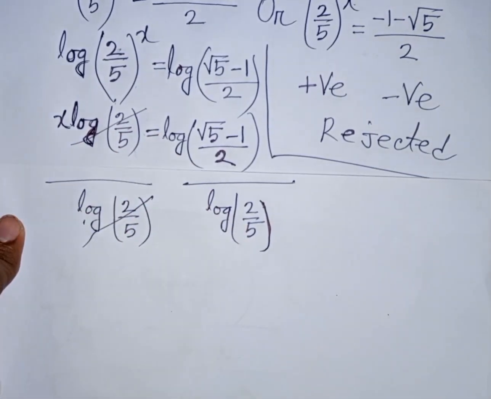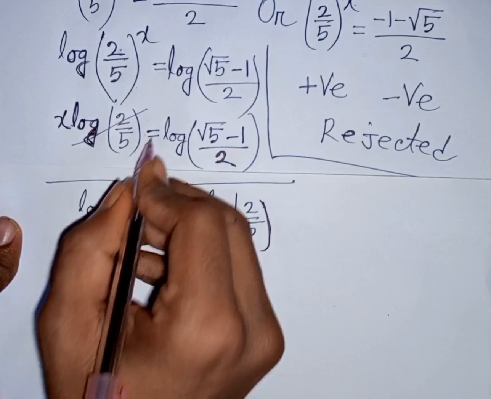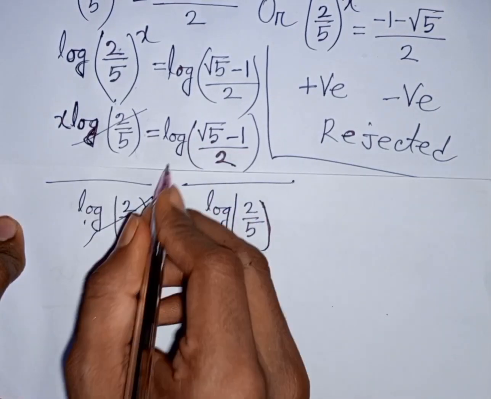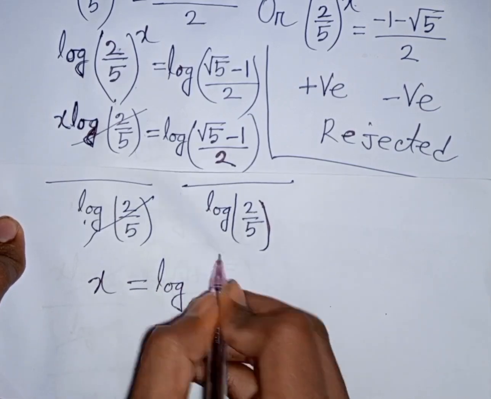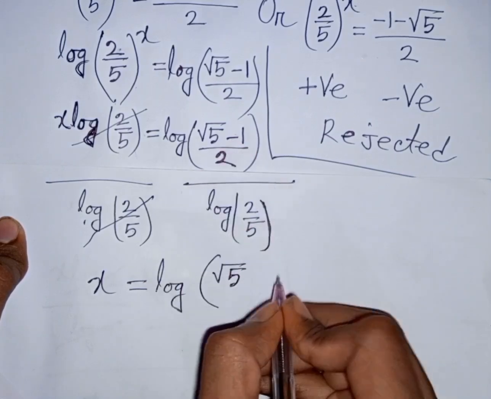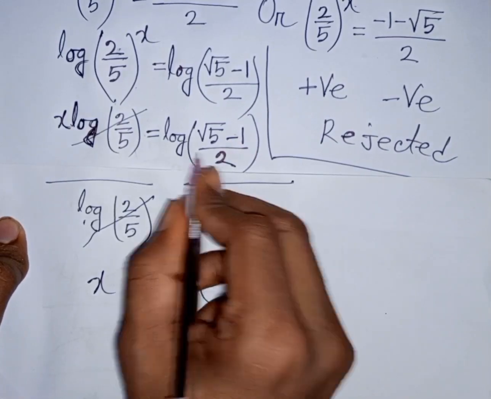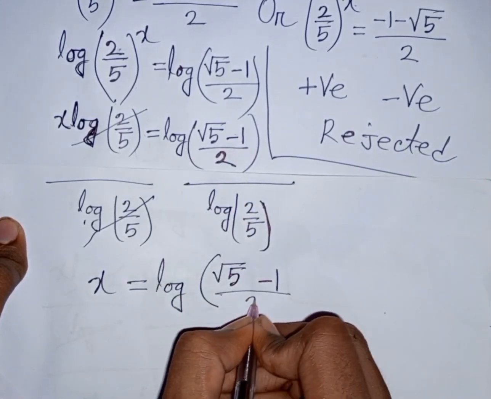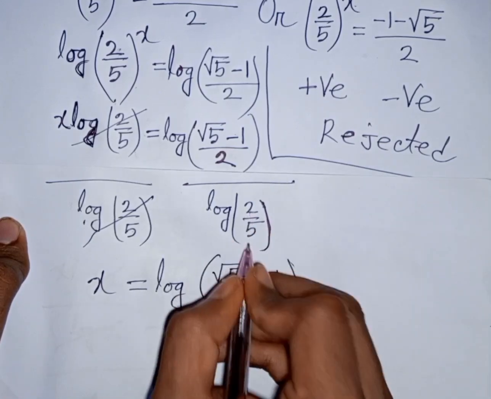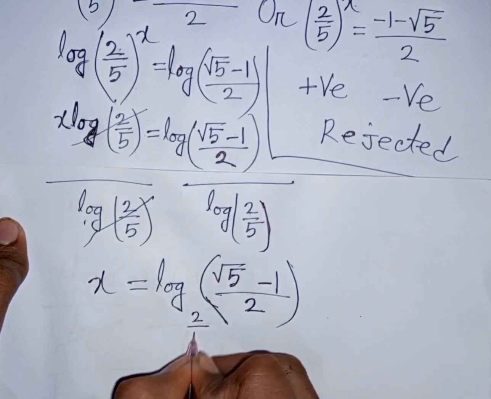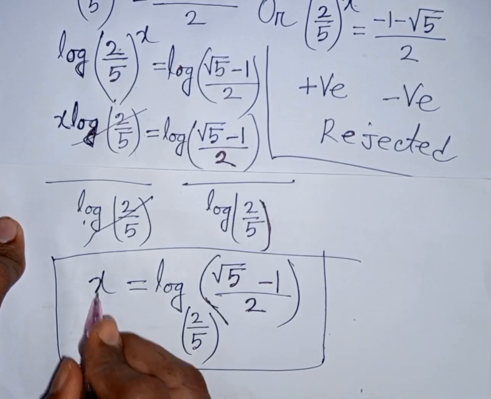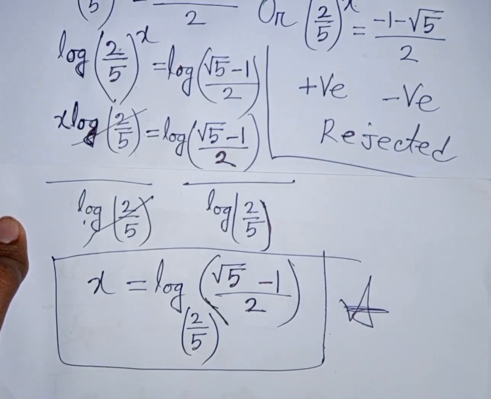So here x will be equal to this divided by this, that means it will be log of a square root of 5 minus 1 over 2, then base 2 by 5. So this is the value of x, so this is our final answer.